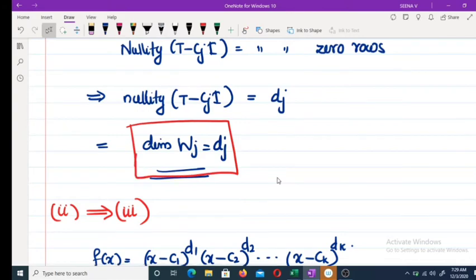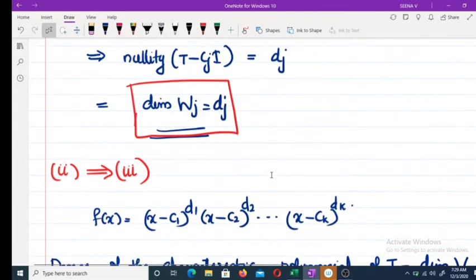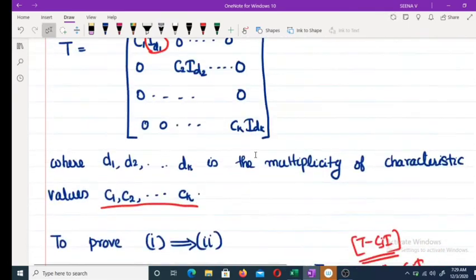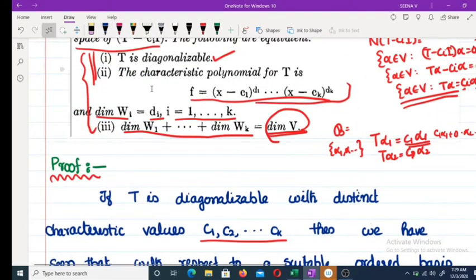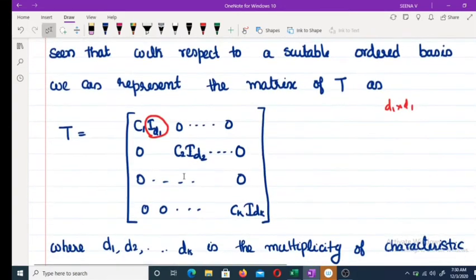Now, 2 implies 3. What is 2? The characteristic polynomial for T is this one, and we have to prove this. Now, what about the degree of the characteristic polynomial? The degree of the characteristic polynomial is the same as the dimension of the space.